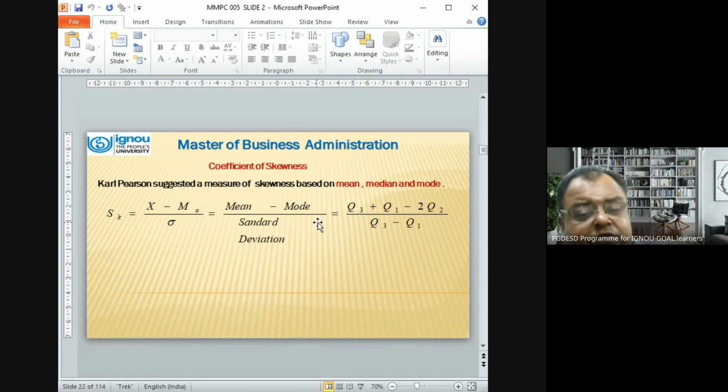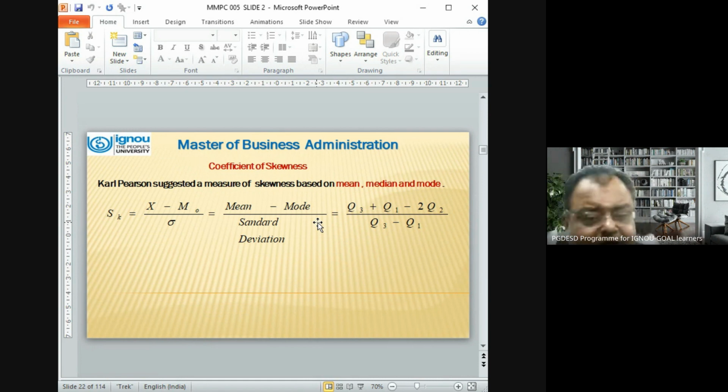Now comes coefficient of skewness. Be careful, see to these three formulas. These three formulas are for a particular problem only, depending upon the data given is in which form.